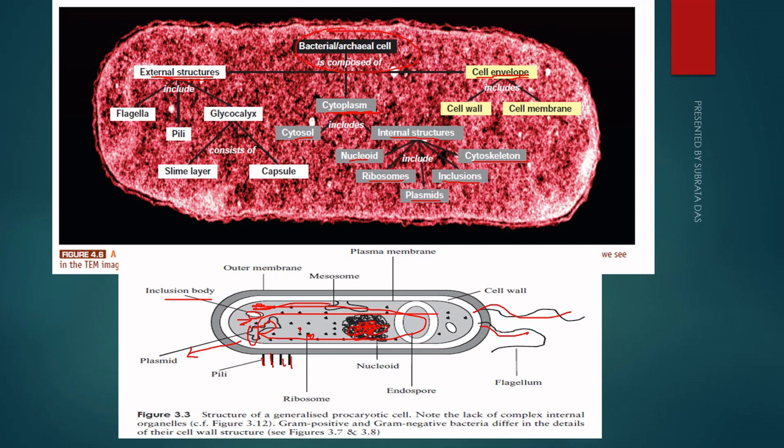What covers this cytoplasm structure is known as the cell envelope. In the cell envelope are present the cell membrane and the cell wall. Mainly the cytoplasm is covered by the cell membrane. So what is the cell membrane? This cover is the cell membrane structure.